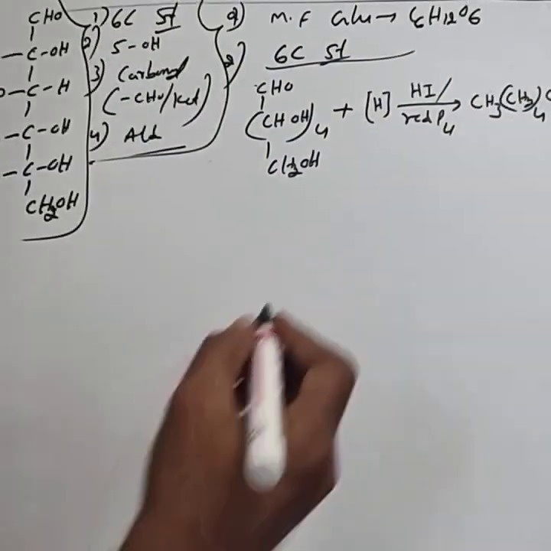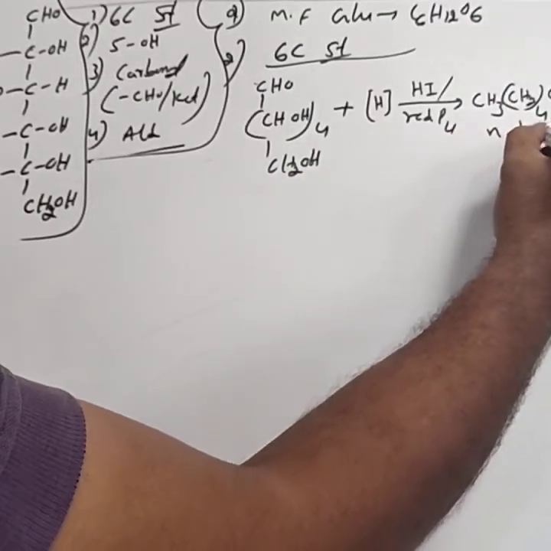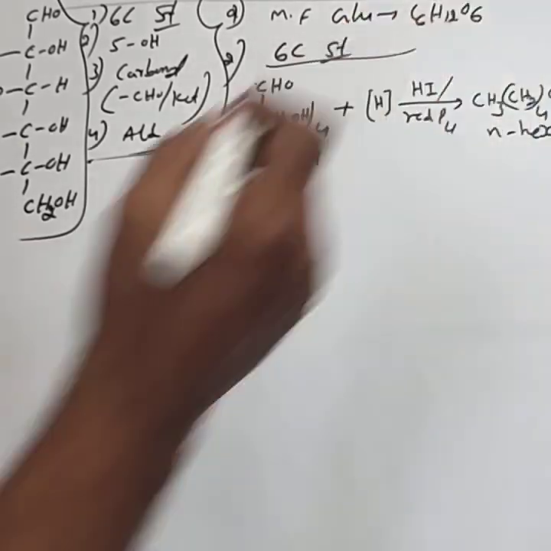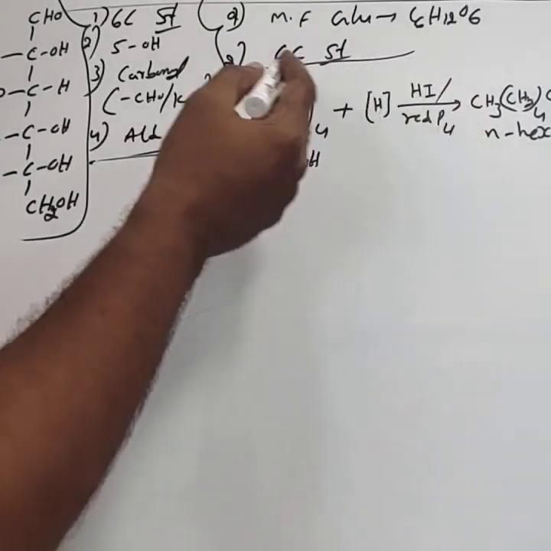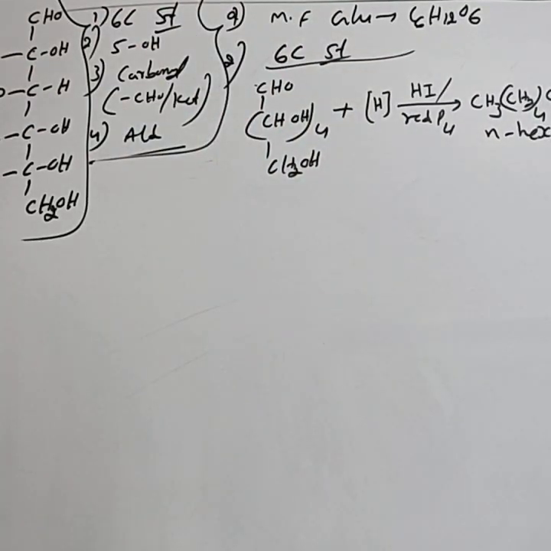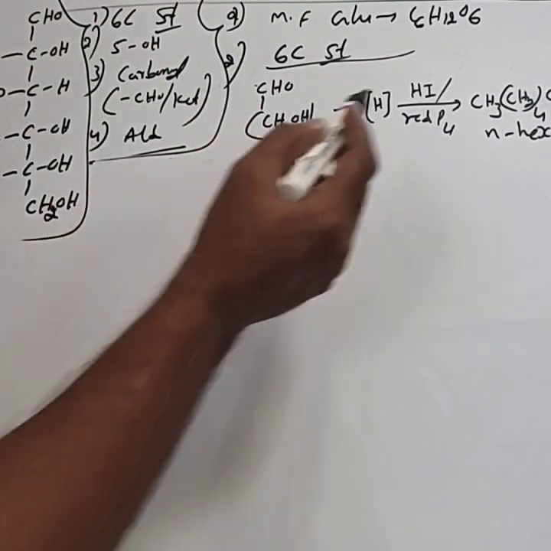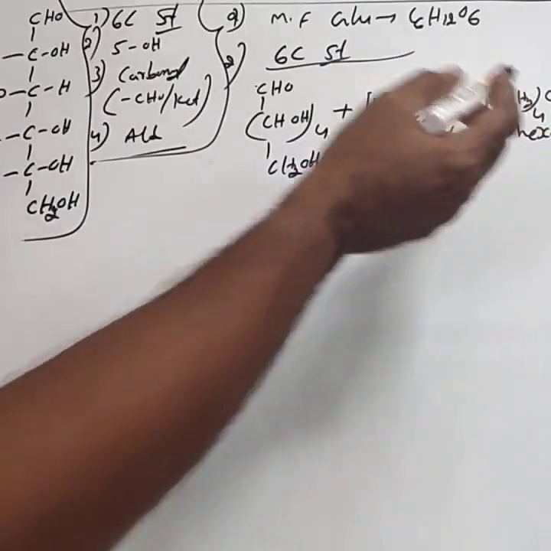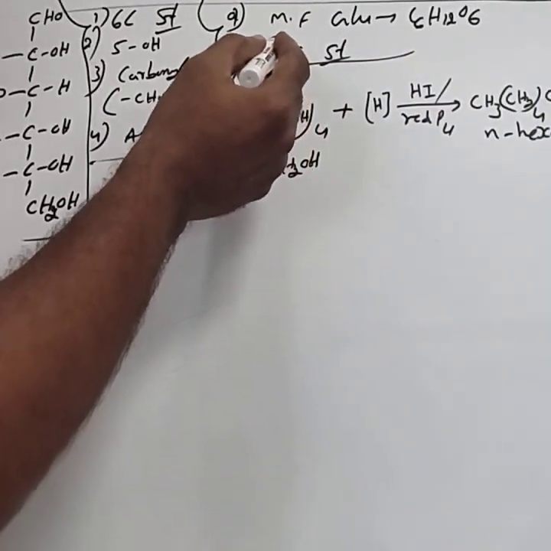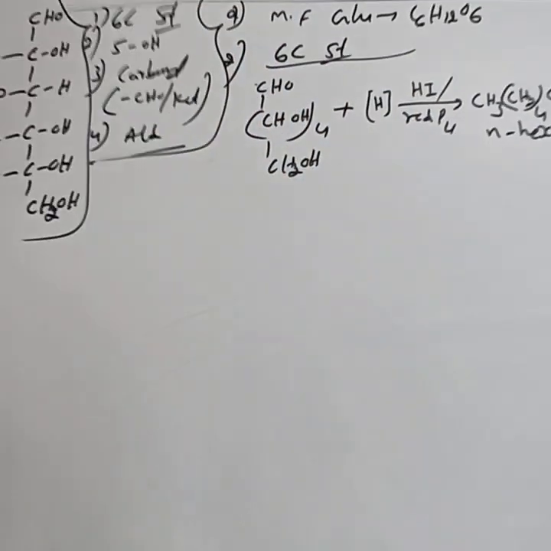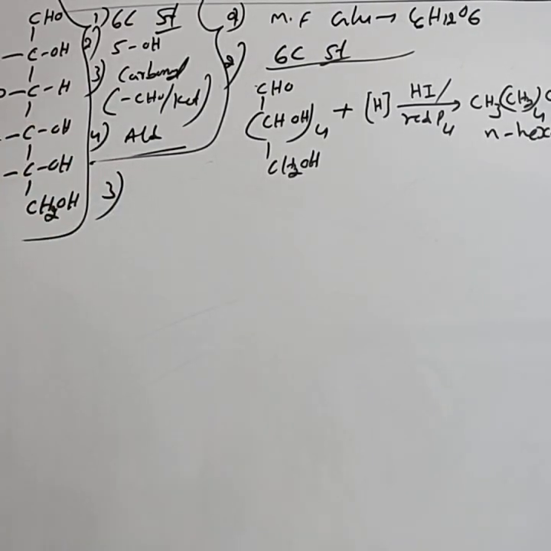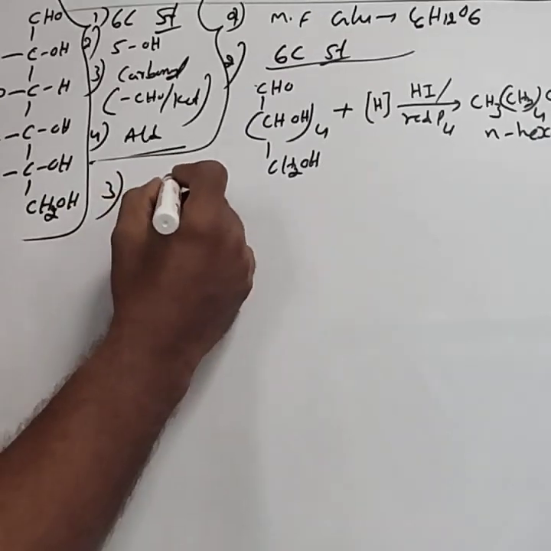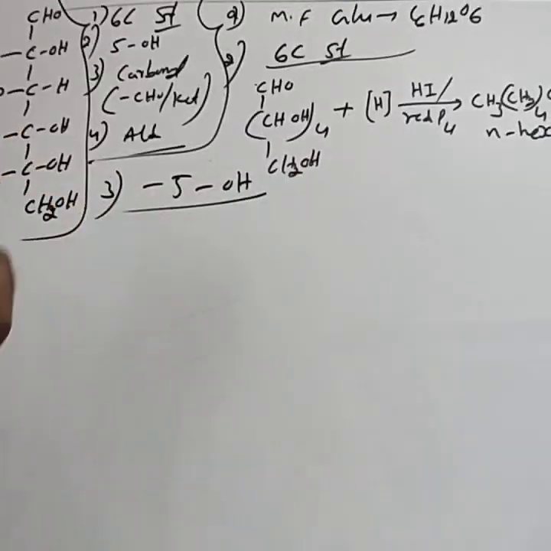This is n-hexane. The formation of normal hexane indicates that all 6 carbon atoms are in the straight chain. Due to the formation of normal hexane, we can show that glucose has 6 carbon atoms in the straight chain.